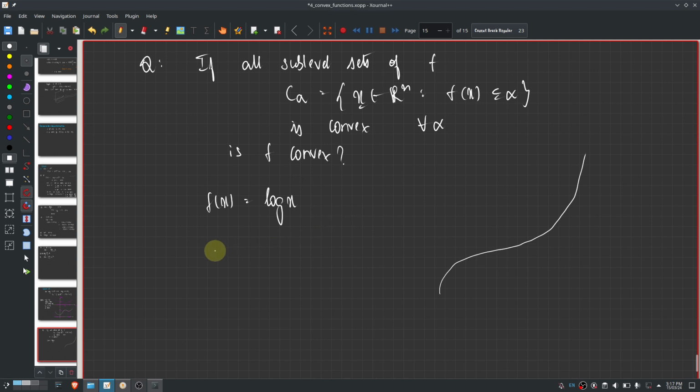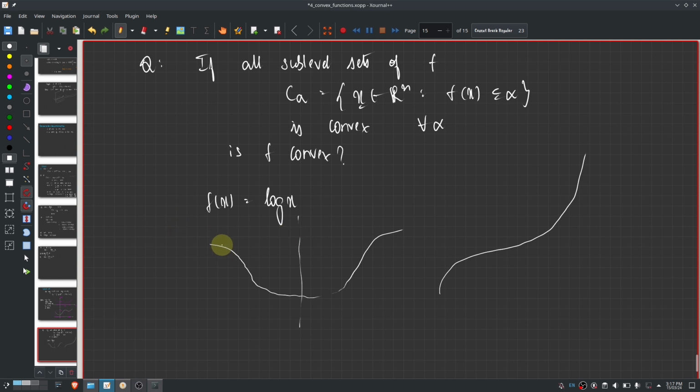Yeah, so if you think about something that looks like this, this is not convex, but all the sublevel sets are going to be convex. So take a particular point. To the right of this particular point, the function is monotonically increasing.